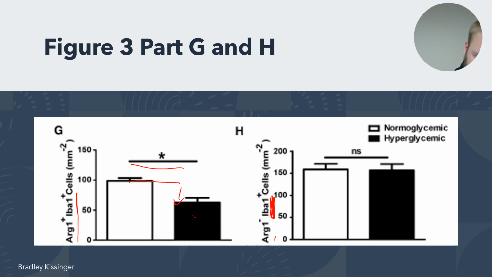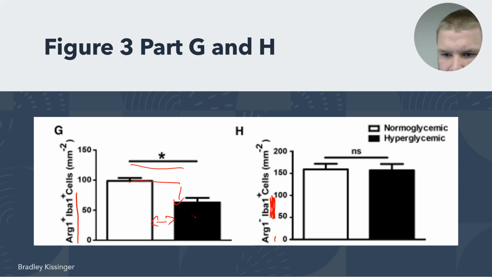So with this combination of the ARG1 and the IBA1, it's not actually affecting the number of macrophages, but the number of macrophages that differentiate into the anti-inflammatory ones that we're looking for with these strokes. That's just going to lower that effect, lower the infarction, and I want to say these are measuring the amount of those macrophages in the area surrounding the actual infarction.